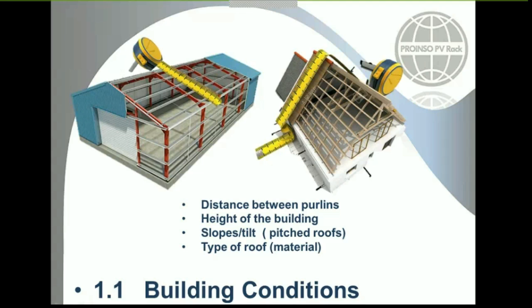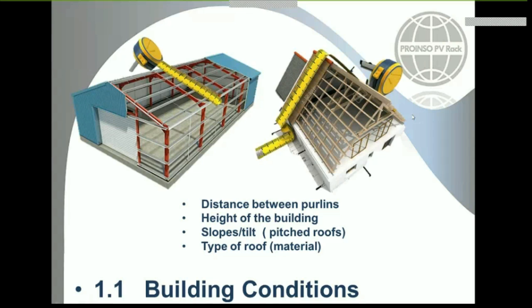However, when the purlins are in the other direction, maybe the distance between the purlins will be, let's say, 1.5 meters, and our requirement says it should be within 1 meter. So sometimes, in these cases, we have to put a double structure in the racking system. In the case of residential roofs, or roofs made of wood that are usually residential, it's the same.